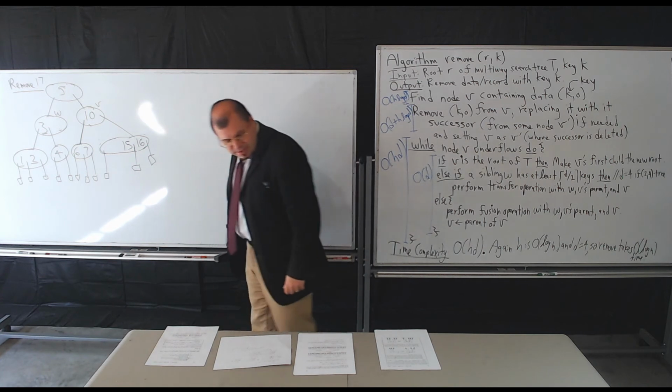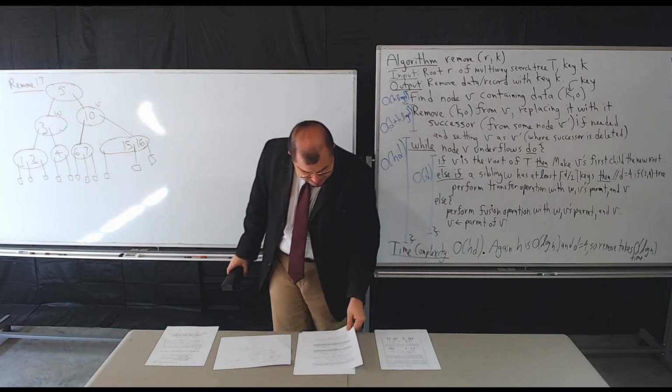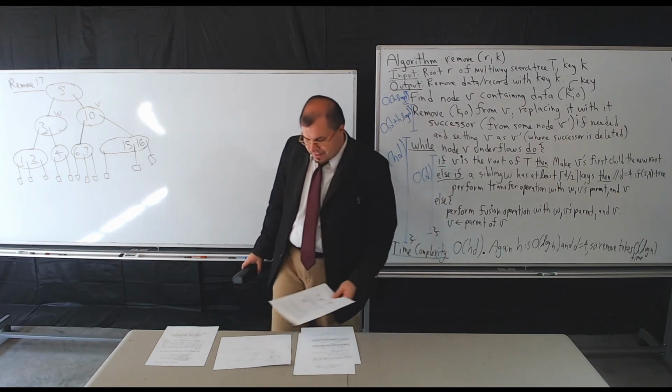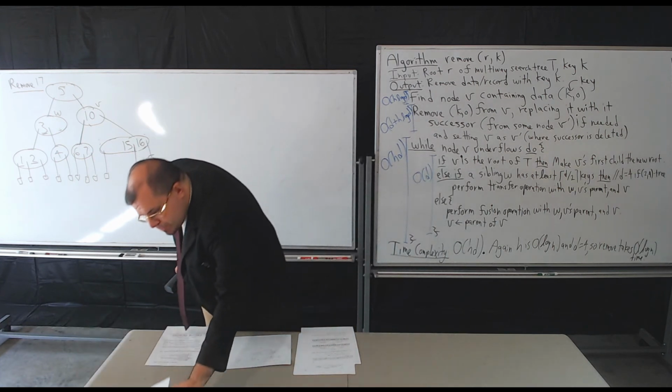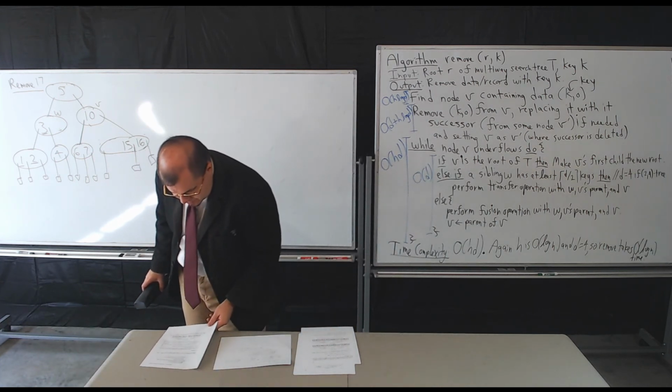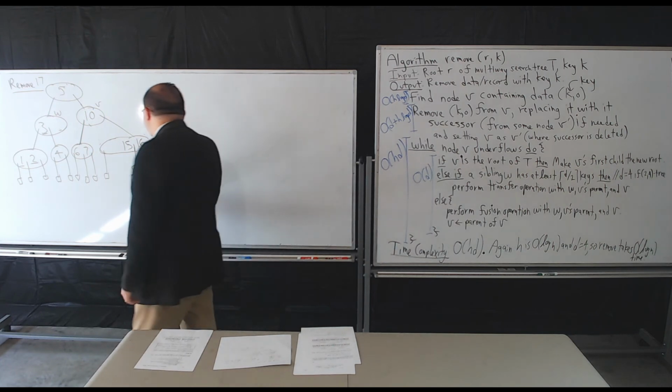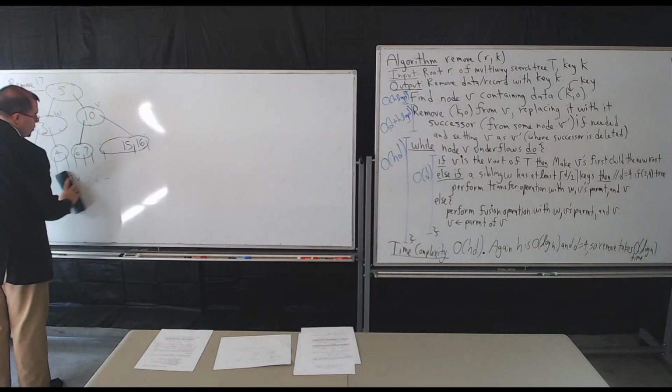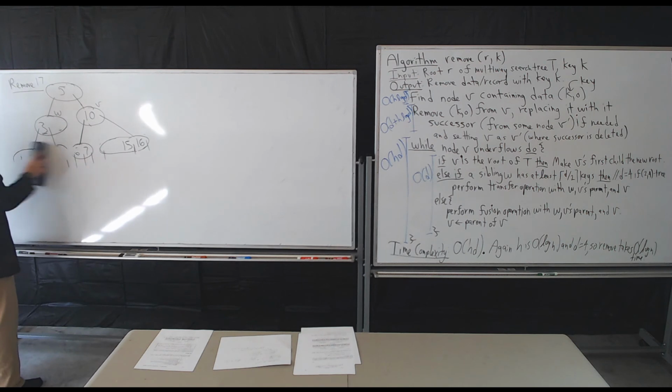So, where does that bring us next? Where are we going to go next with this? Well, I'm going to take the structure that we've talked about, the 2-4 tree, and I'm going to generalize it even further.